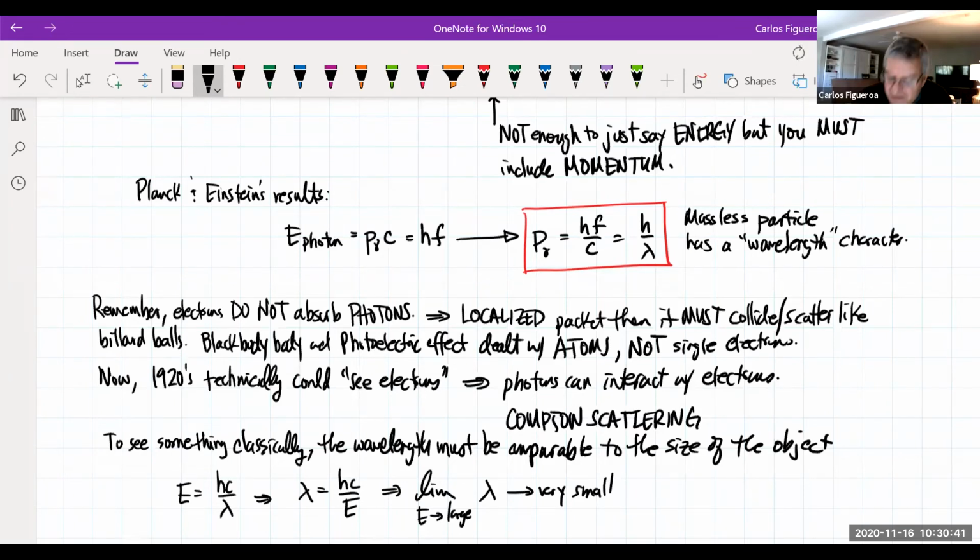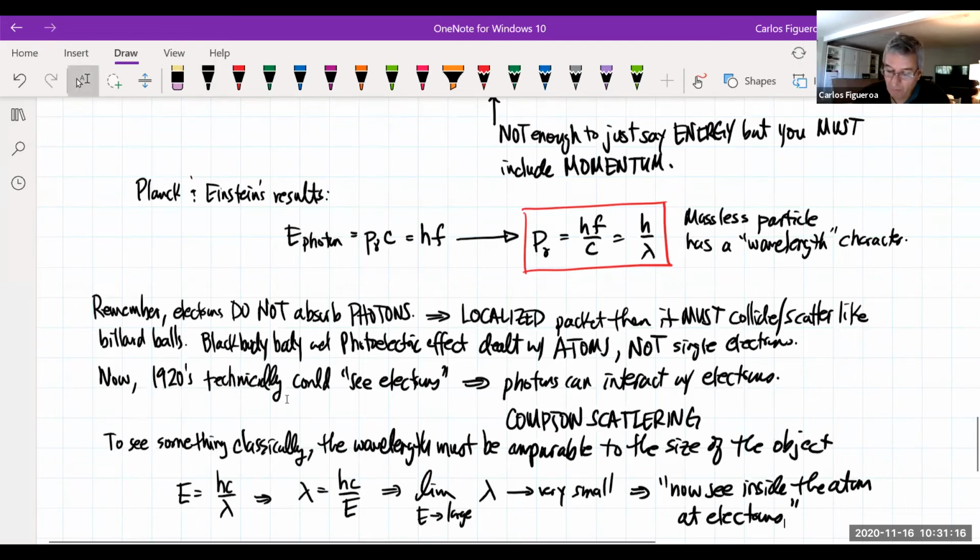And because it's very small, that means you can now see inside the atom at electrons. That's why they were able to see the electrons for the first time. And who was it? It was none other than Compton. Compton won his Nobel Prize, and there was no way that classical physics could explain what was going on.